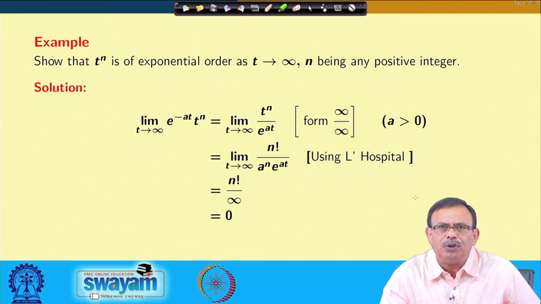I hope now you can understand whether a function is of exponential order alpha or not. For that, we have to just find the limit as t approaches infinity of e power minus a t into f(t). And if the value is a finite value, we say that this function is of exponential order alpha.